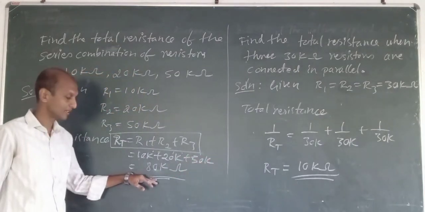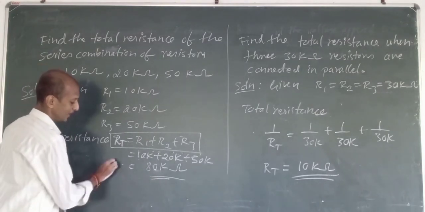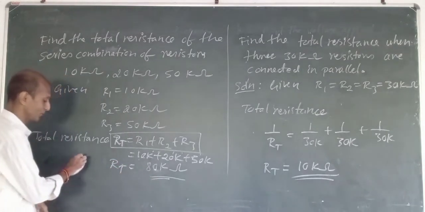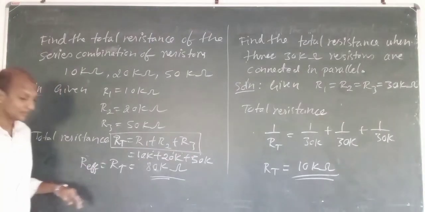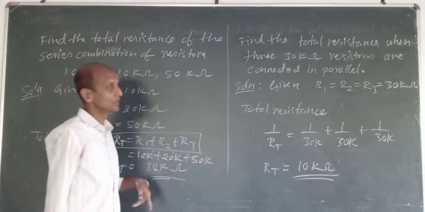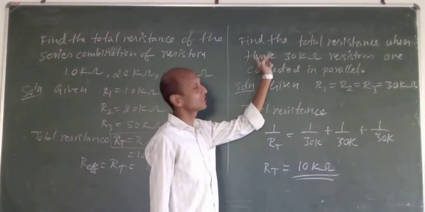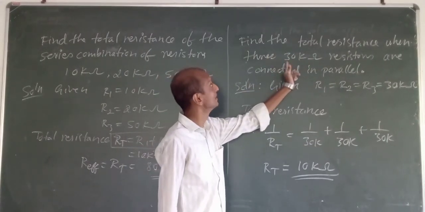So we can have the result as what? 80 kilo ohms of resistance. Total resistance RT, or R effective, R_eff, also we can call it. So R effective or R total will be equal to 80 kilo ohms.